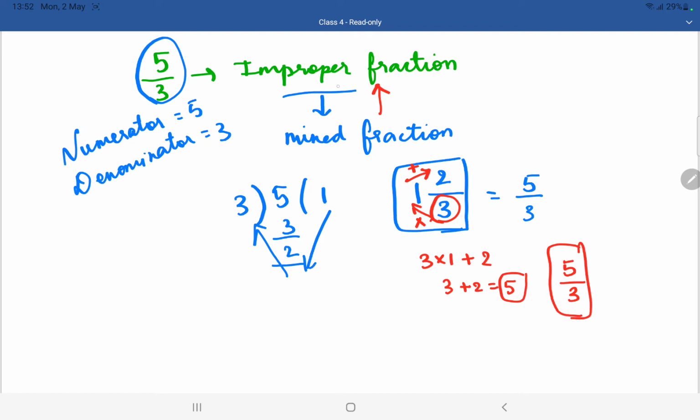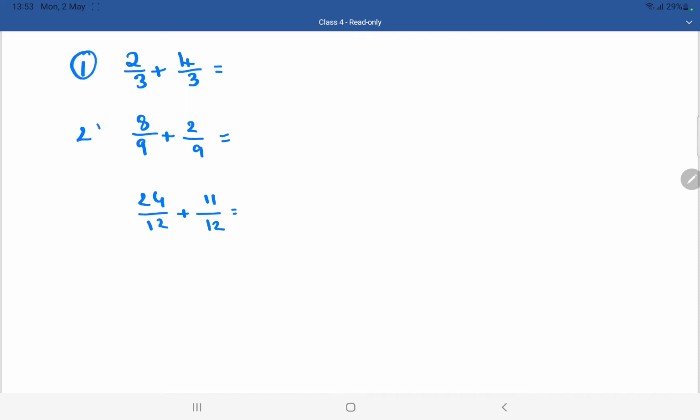Understood how to convert an improper fraction to a mixed fraction and a mixed fraction to an improper fraction? I guess you have understood. Now students, let us see the addition and subtraction of fractions. First, I am going to tell you how to add and subtract like fractions.